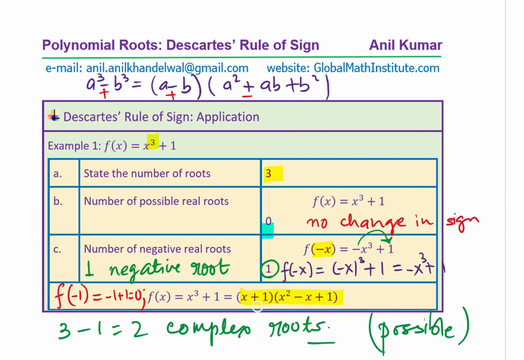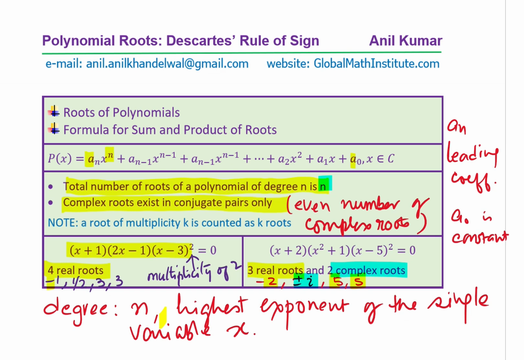Now, from the factored form, you can see that there is only one real root, which is at x equals to minus 1, and the other term gives you two complex roots, correct? So this gives you two complex roots. Now, in this video, we will not be calculating the complex roots, but you could always apply the quadratic formula, which we discussed earlier, to calculate the complex roots.